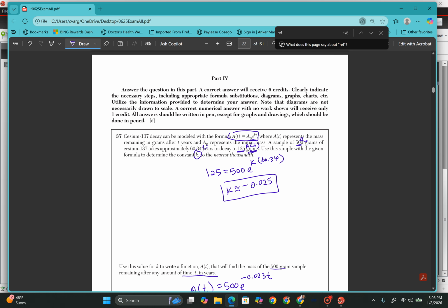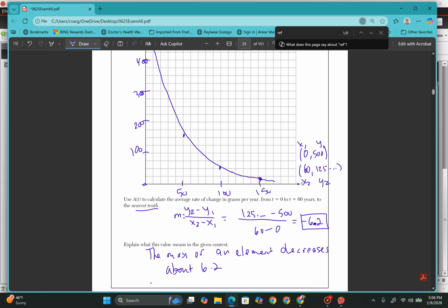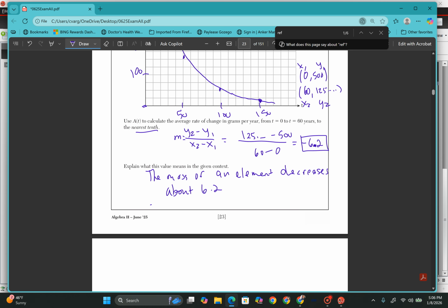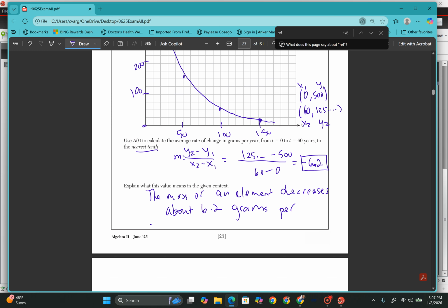Grams. Yes, grams. So it decreases about 6.2 grams per, and on the other axis that should be time. After t years. So per year.